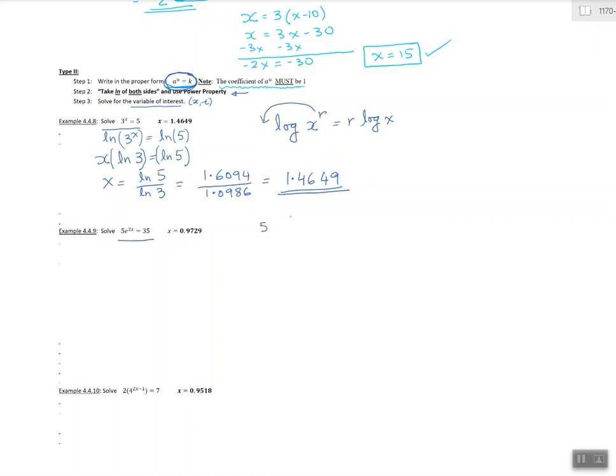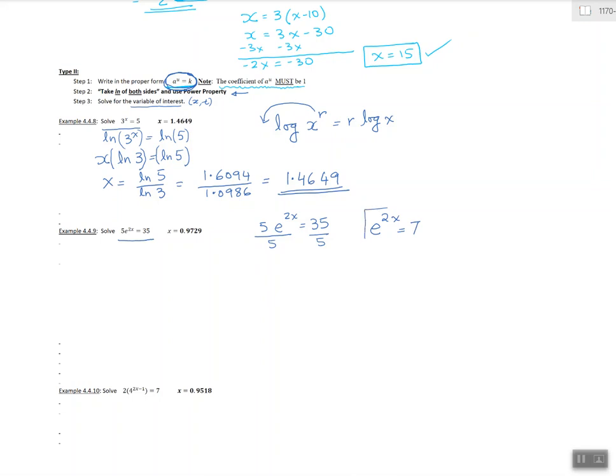So let me write it down again. 5 e raised to the power 2x is equal to 35. This is what I have. Now we don't like this 5, so what I'm going to do is divide by 5 on both sides. So when I do that, I get e raised to the power 2x is equal to 7.